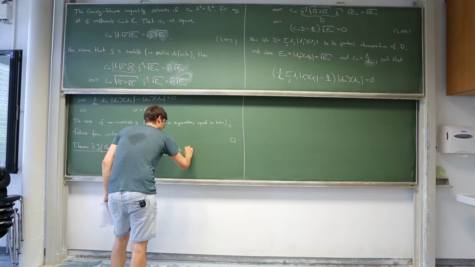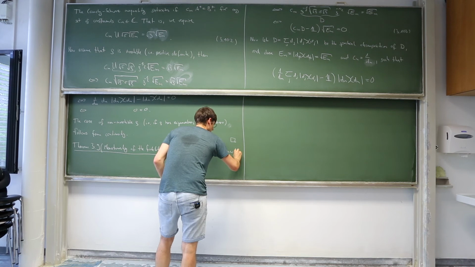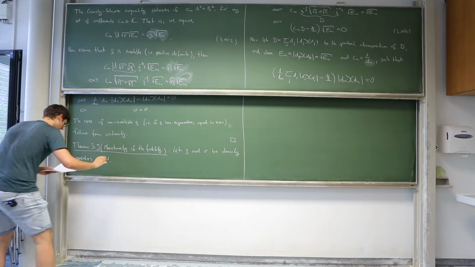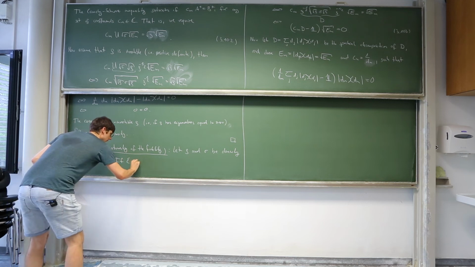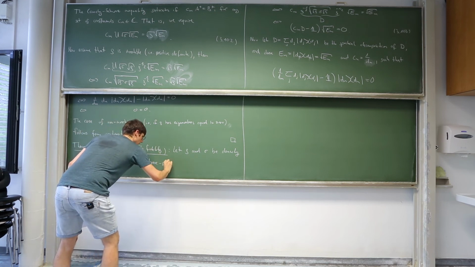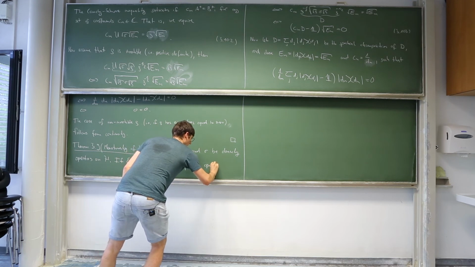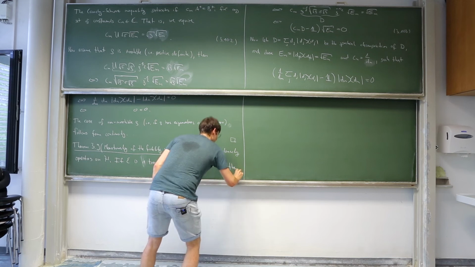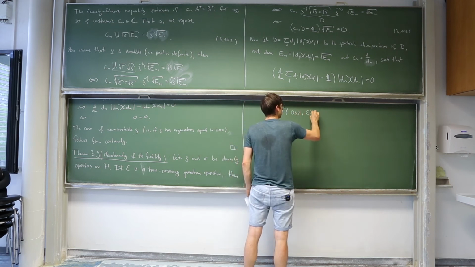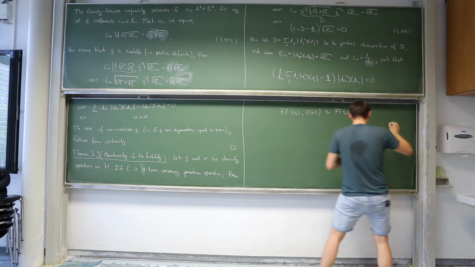Let rho and sigma be quantum states, or density operators, on the Hilbert space H. Then if E is a trace preserving quantum operation, we have that the fidelity of E(rho) and E(sigma), so after this trace preserving quantum operation, is greater or equal to the fidelity of rho and sigma.